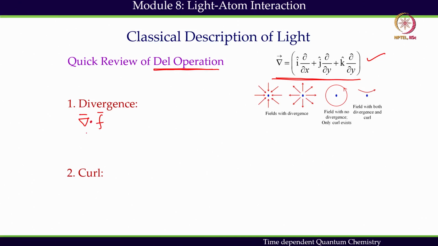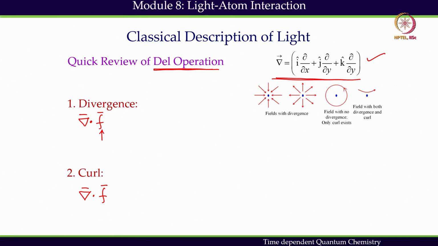So if we take the dot product, and we can also have the cross product. These are the two products I can have, and each product has certain meaning. If we take the dot product of this field F, which is a force, it will give me some idea about the nature of the field, the nature of the force, what kind of force I have.